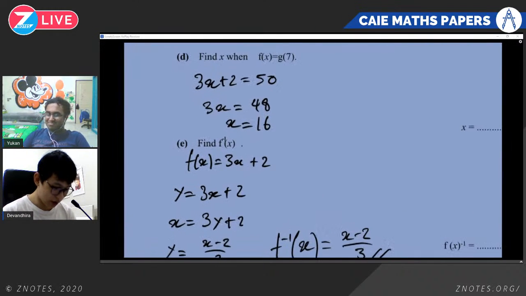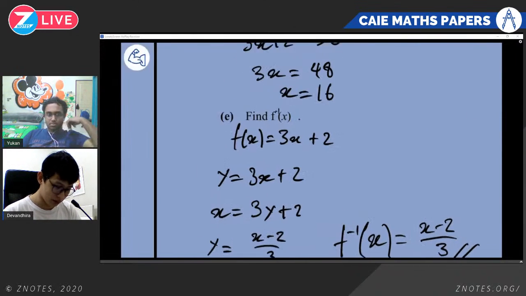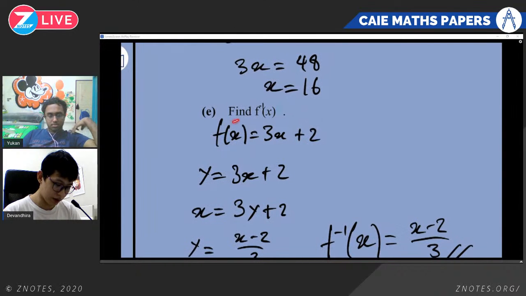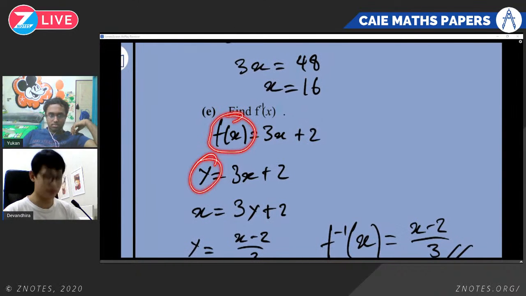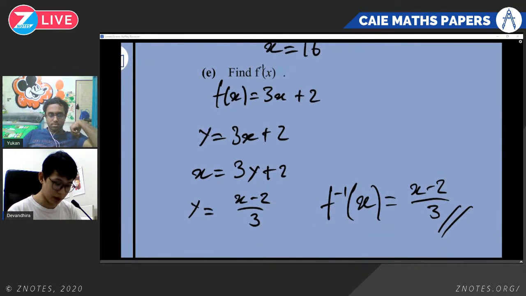Right. So we need to find f inverse of x, correct? So my method is that you make f of x into y first, then you make x the subject. Oh wait, no, sorry. I swap every y and x first. So right here, instead of having a y, it becomes an x, and instead of x, it becomes a y.